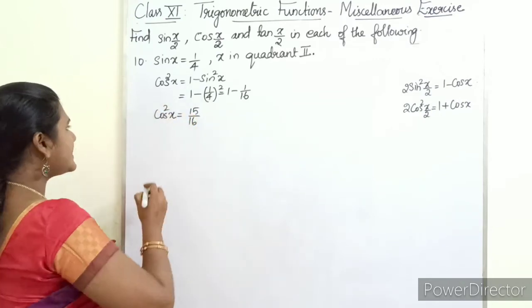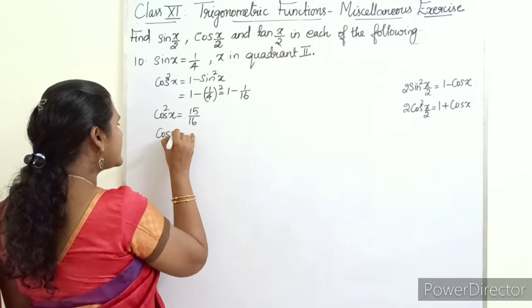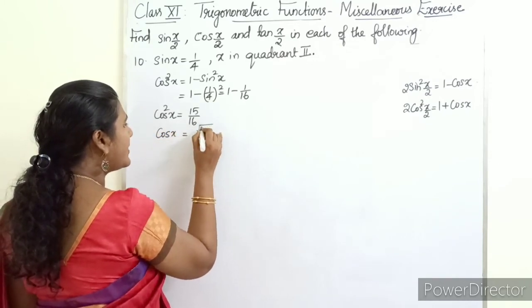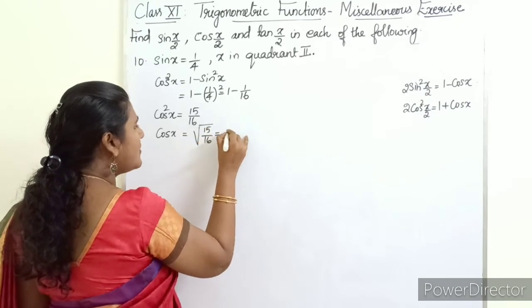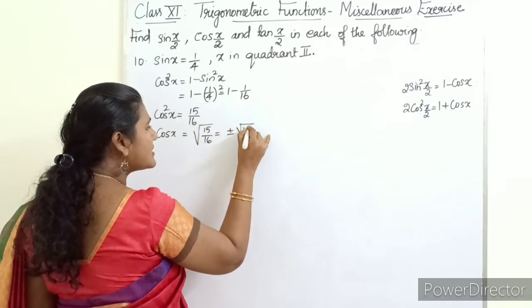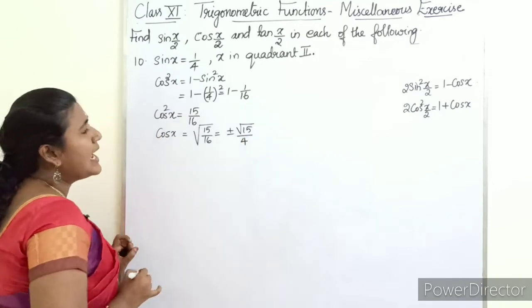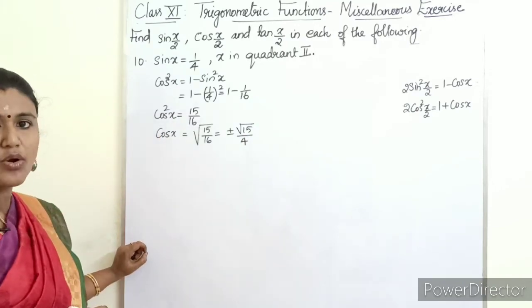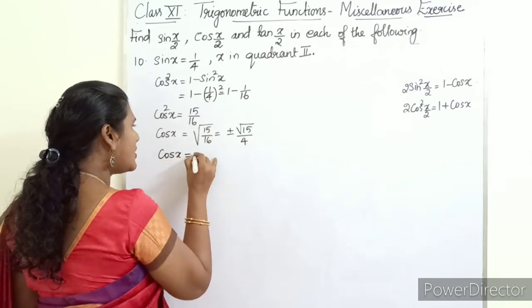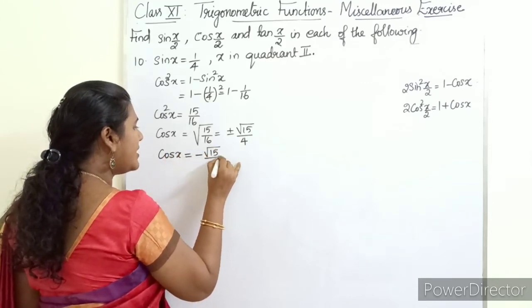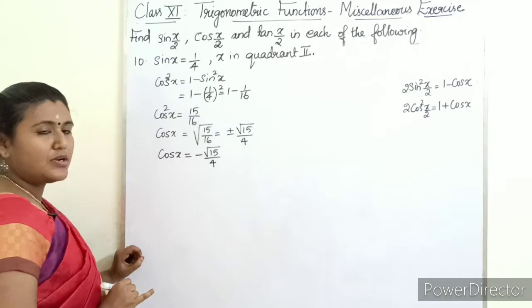So from this, what is the value of cos x? Cos x is equal to root of 15 by 16, which is equal to plus or minus root 15 by 4. And since x is in the second quadrant, cos x is negative. So we can write cos x is equal to minus root 15 by 4. So we got the value of cos x.